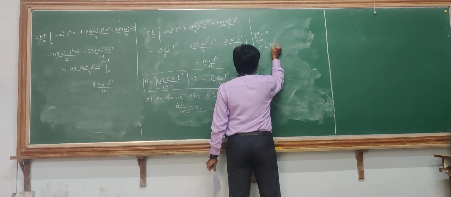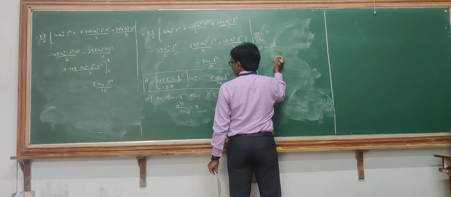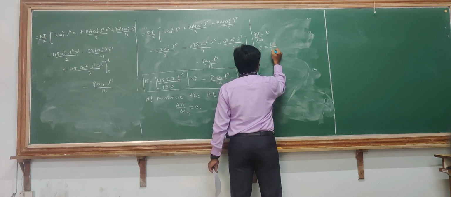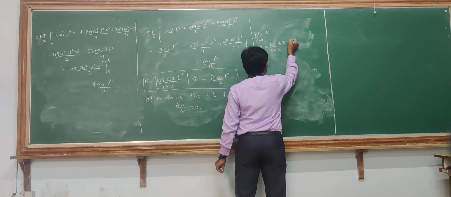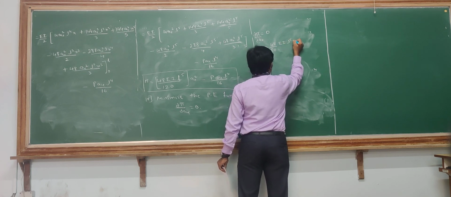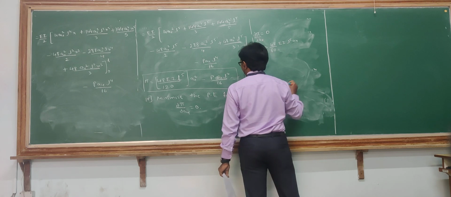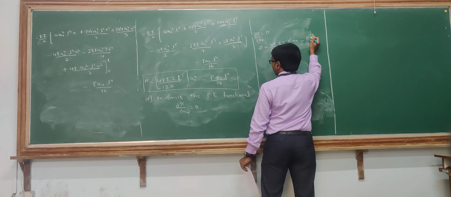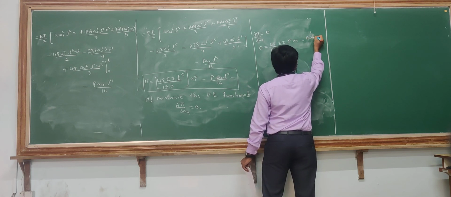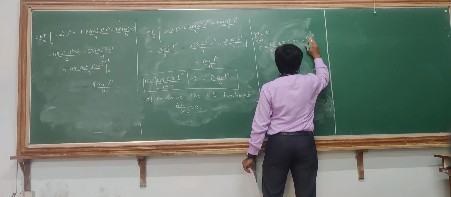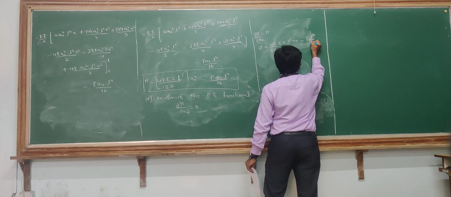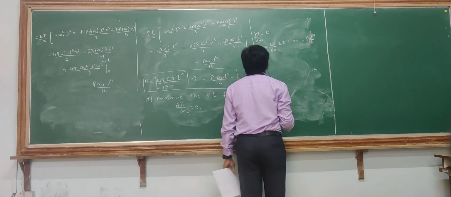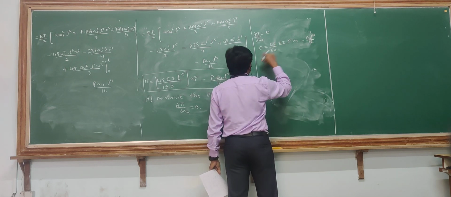So you will end up with 48 by 60 EI L raised to 5 A4, minus P times A4 differentiated, it becomes L raised to 4 divided by 16.